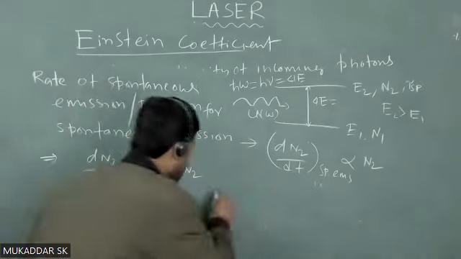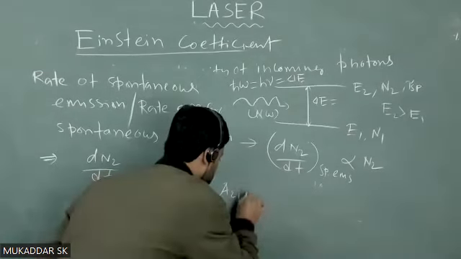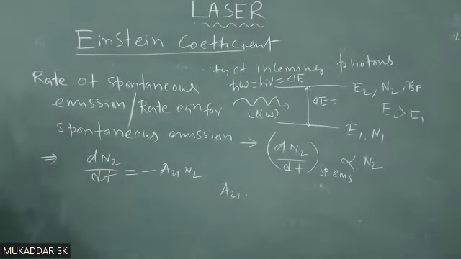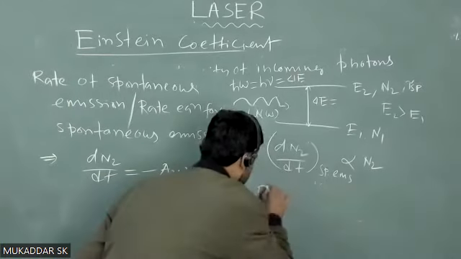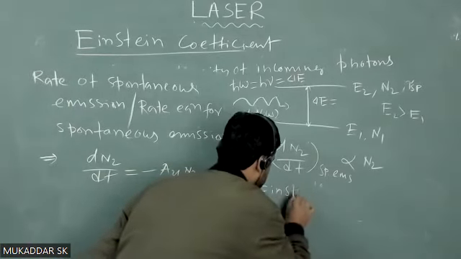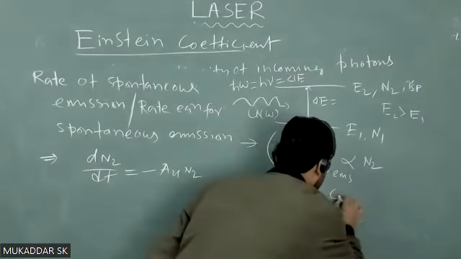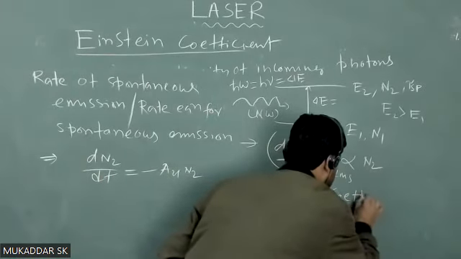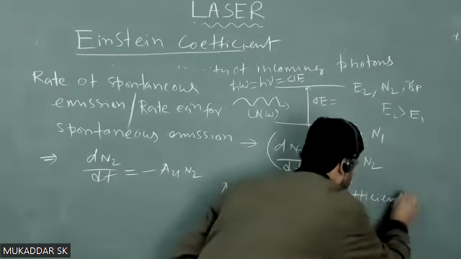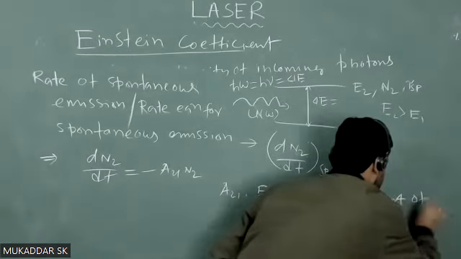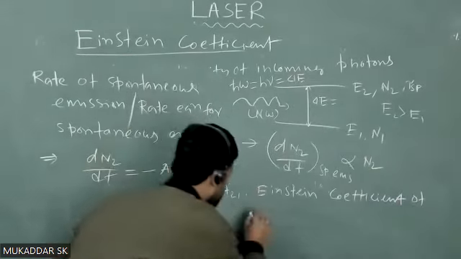And what is A21? Einstein coefficient. The Einstein coefficient of spontaneous emission.